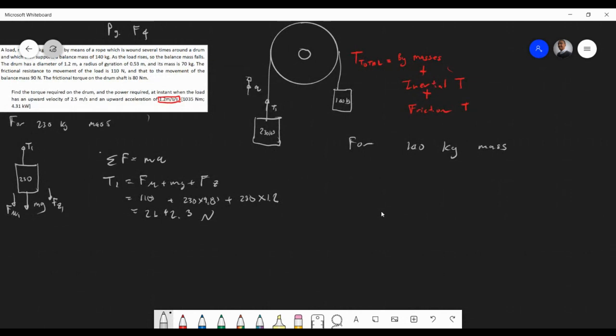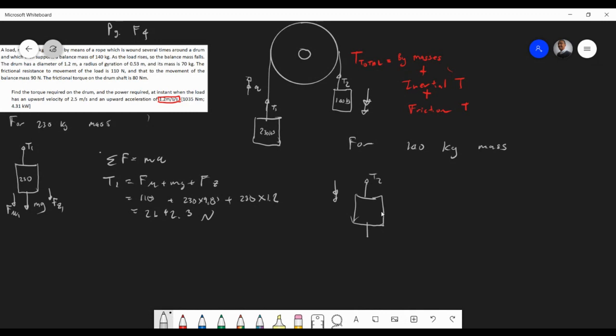So this will be on that image. Now we isolate this one. Acceleration is going downwards in this case. We've got T2 over there. Free body diagrams are essential in this. So acceleration is going downwards.